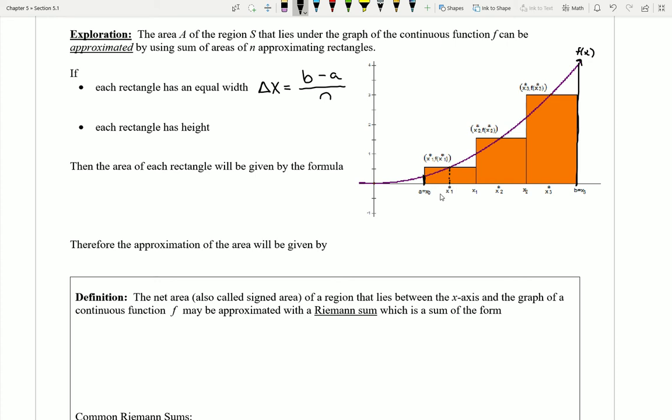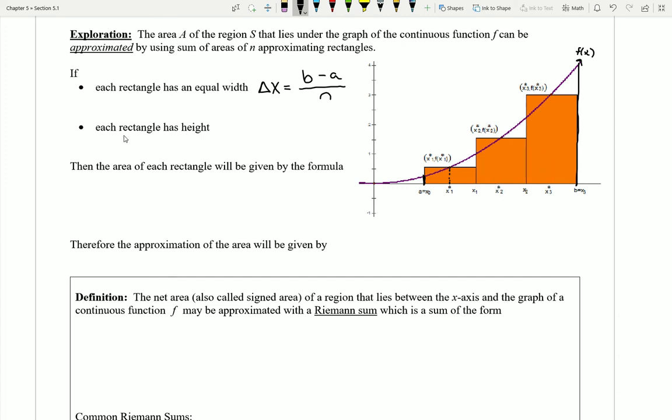Now, this value of x could really be anywhere. It could be on the left side, on the right side of the interval, somewhere in between. It doesn't really matter. But I can denote this special x using the symbol x star, the star just indicating that it's special. I'm also going to give it a subscript of 1 or 2 or 3 so I know which rectangle it belongs to.